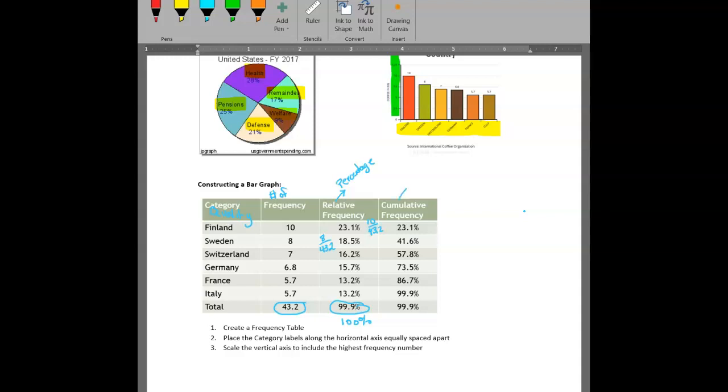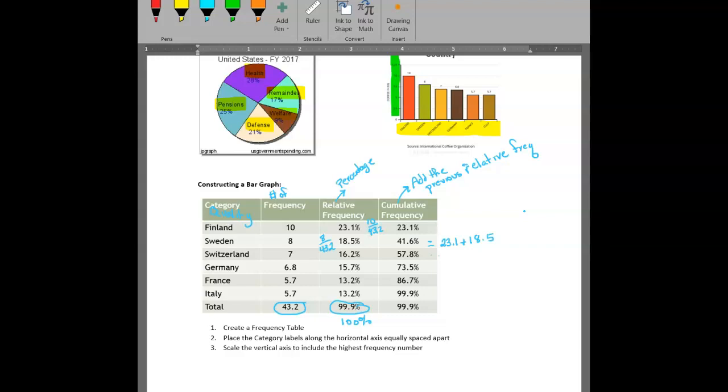The cumulative frequency is to add the previous frequency, or previous relative frequency. So the first one is 23.1. This 41.6 is 23.1 plus 18.5.